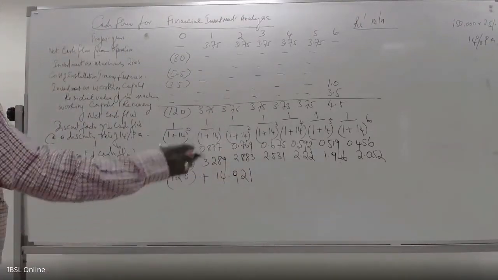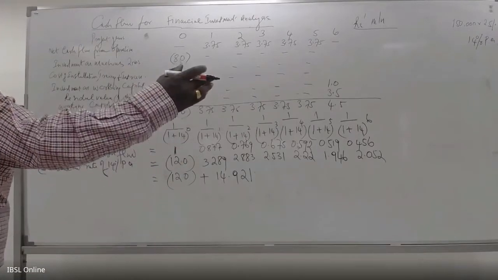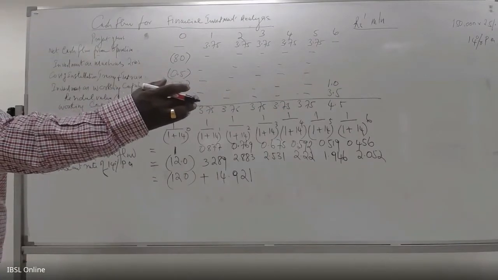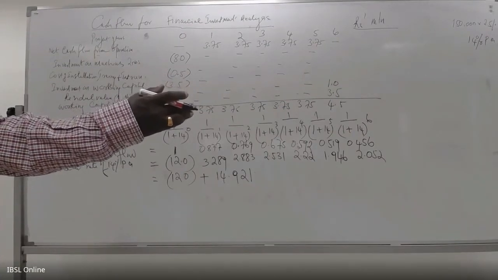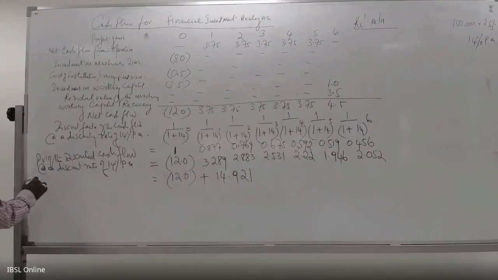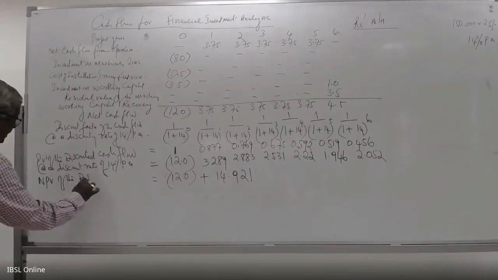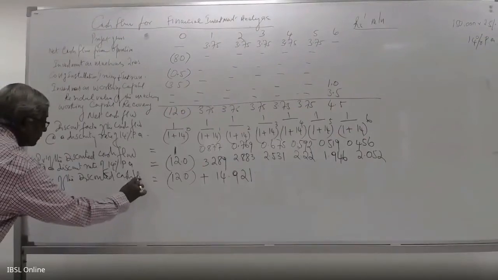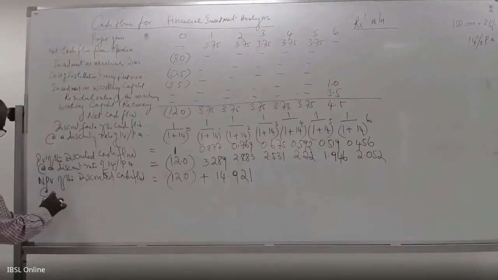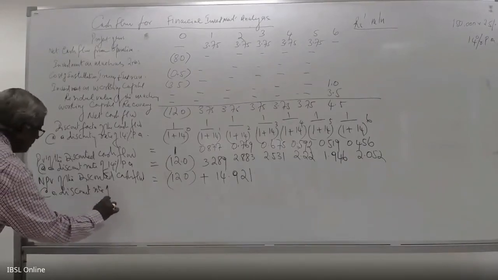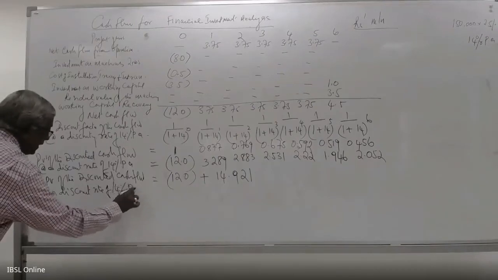So now all are PVs. One is the inflow at present value, positive. The other one is the outflow at present value. Now we make the net, so we call it net present value, NPV, of the discounted cash flow at a discount rate of 14% PA.